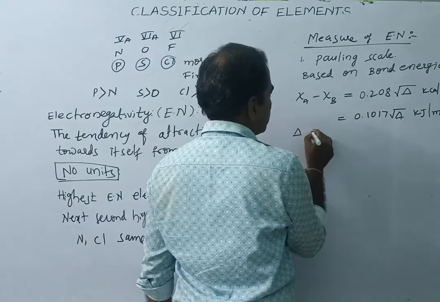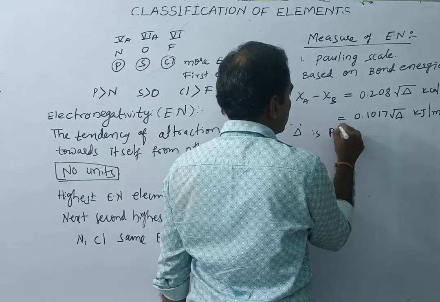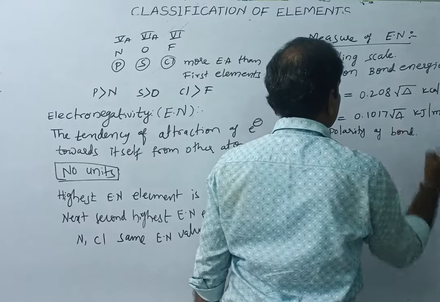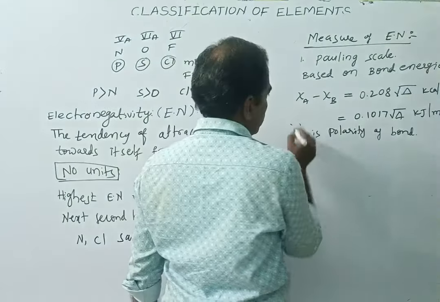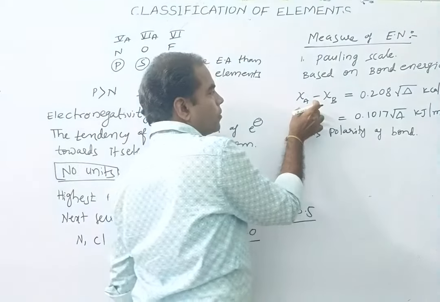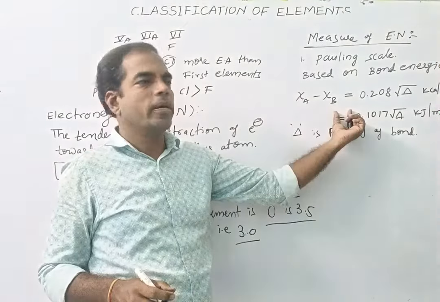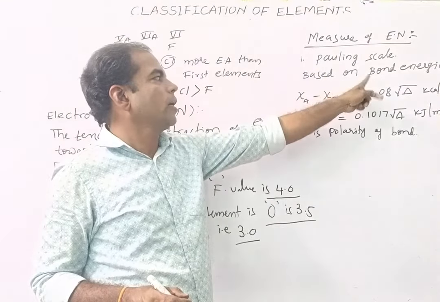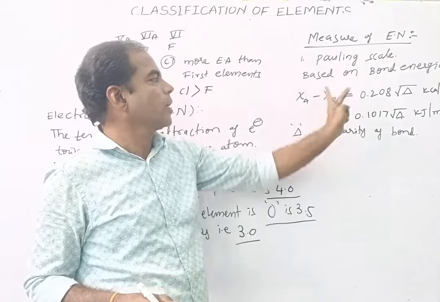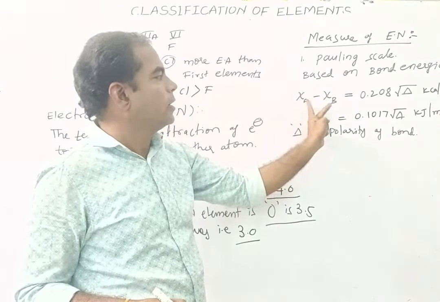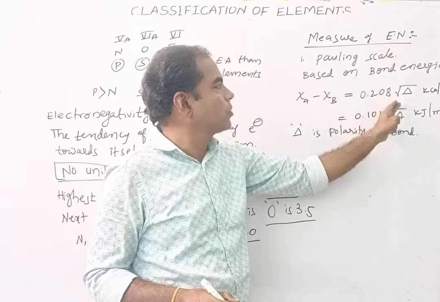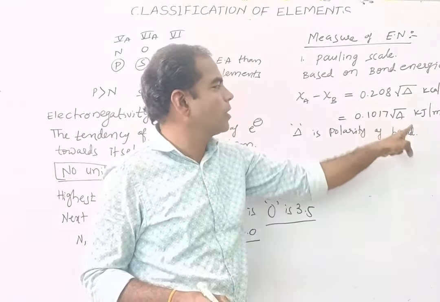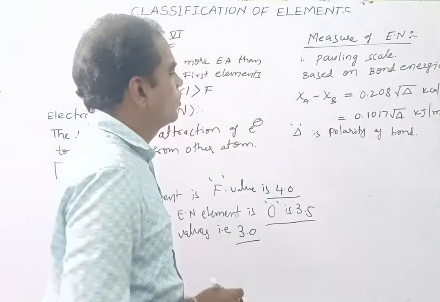Delta is the polarity of the bond. Here Xa, Xb are the En values of atom A and atom B. For a diatomic molecule, we can measure the En values based on the Pauling scale.